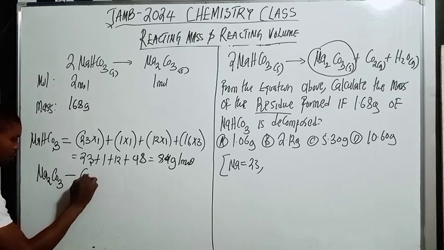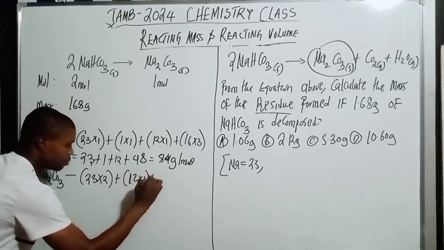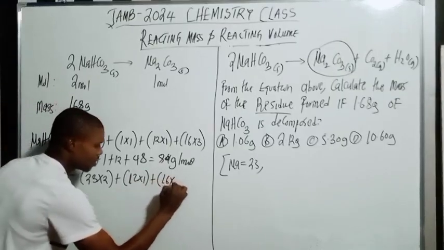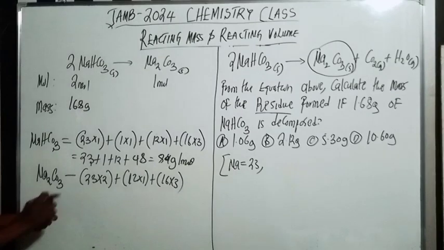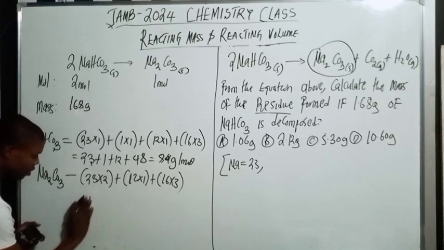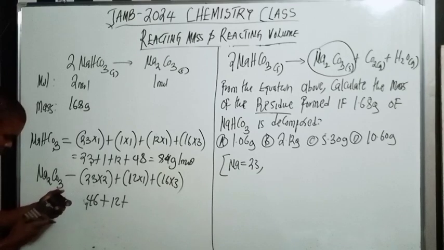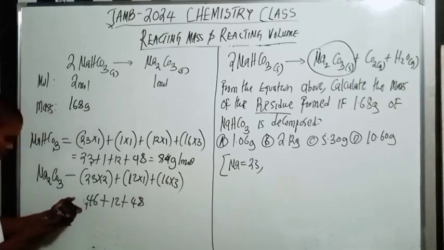What about this one here, Na2CO3? Here we have 23 times 2 plus 12 times 1 plus 16 times 3, right? So it's going to be 23 times 2, which is 46, plus 12 plus 48.